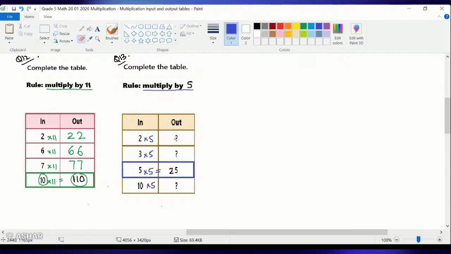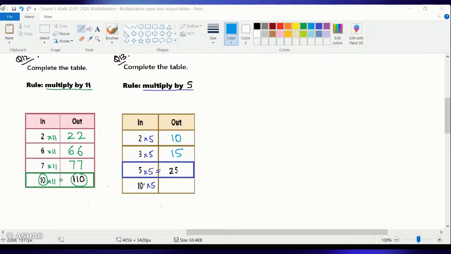So what would be the output? The output of these numbers would be: 2 multiplied by 5 would be 10. 3 multiplied by 5 is 15. The next value, 5 multiplied by 5, is already given to us, right?